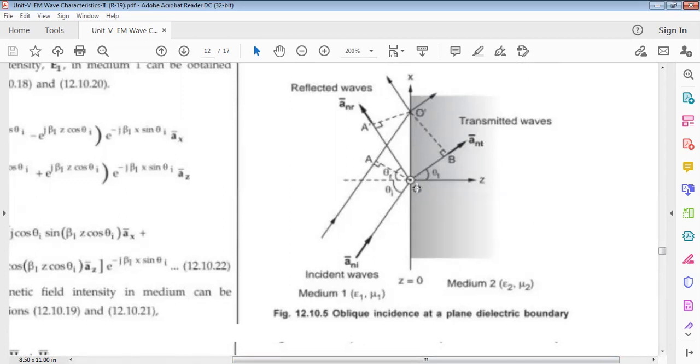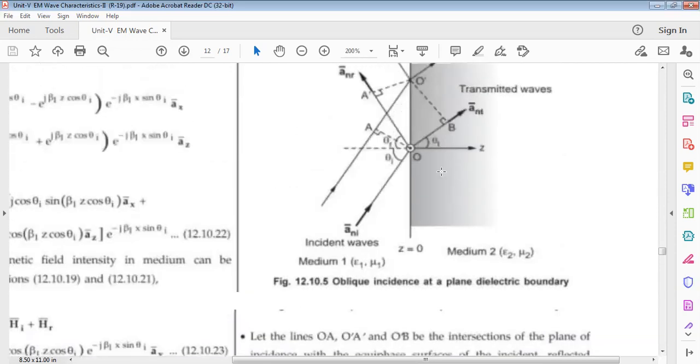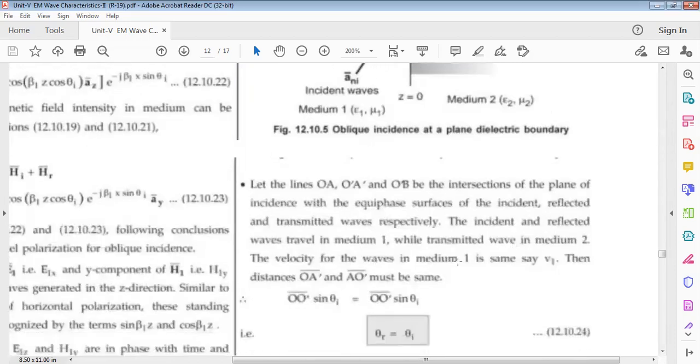All are considered as right angle triangles. The incident and reflected waves travel in medium 1, while the transmitted wave is in medium 2. On the left side there are the incident beam ANI bar and ANR bar, both in medium 1. Only the transmitted wave is in medium 2.